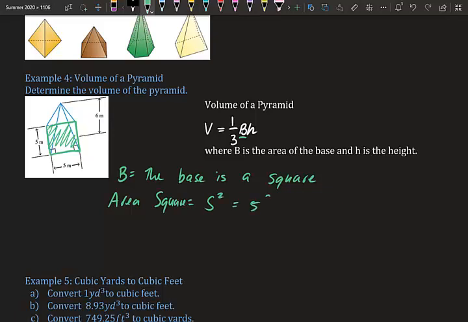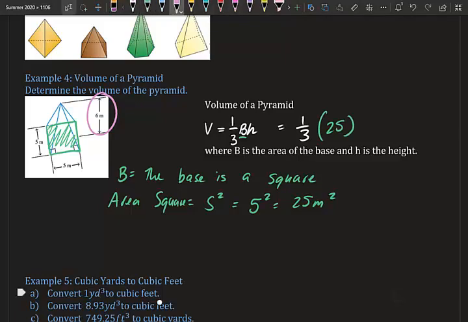So 5 squared. 5 squared is 25 meters squared. Okay, so we found B. Now we need to find the height of the pyramid. The height of the pyramid is 6. So we're going to plug it in. We have 1/3 times big B, which is 25, times H, which is 6.